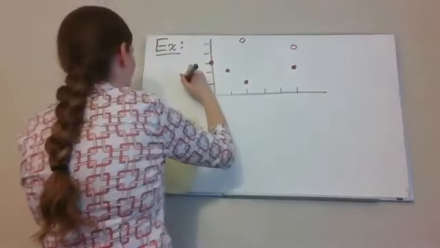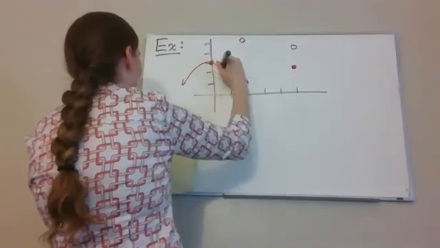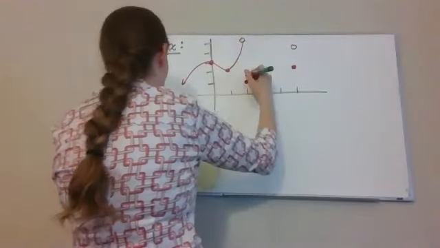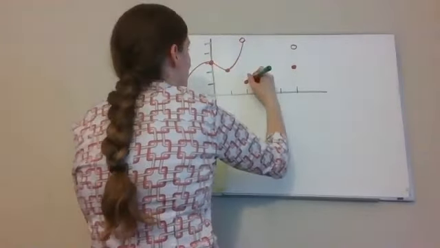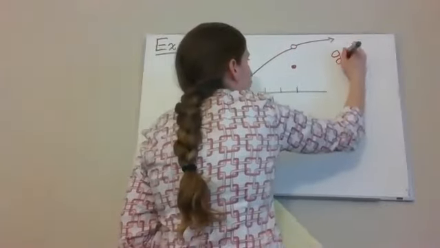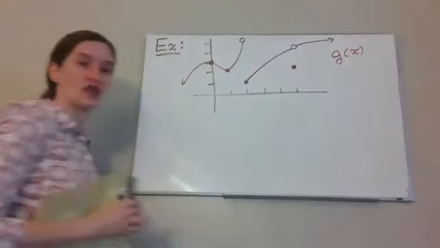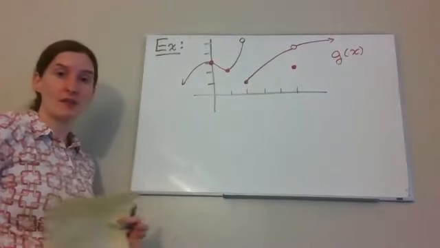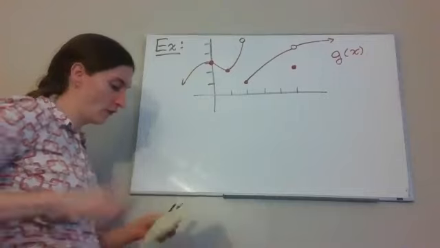And now let me draw the rest of the function in here. So there's the graph of our function. I'm going to call it g. And we're going to try to find a lot of different limits based on just this graph.